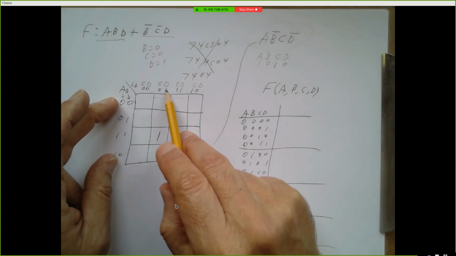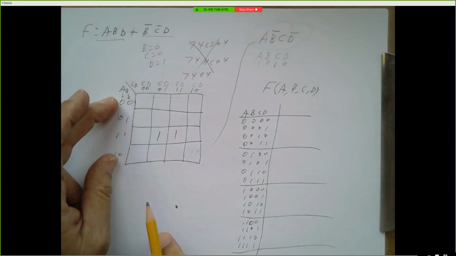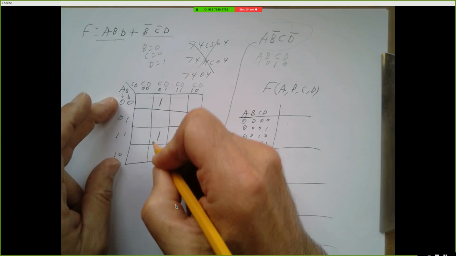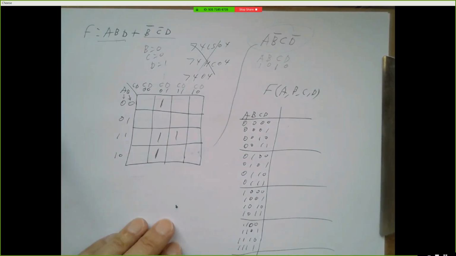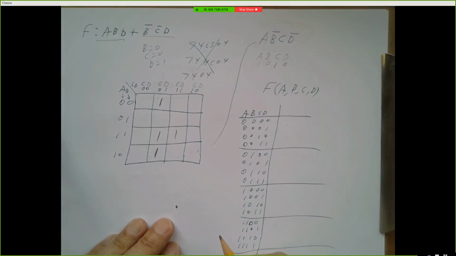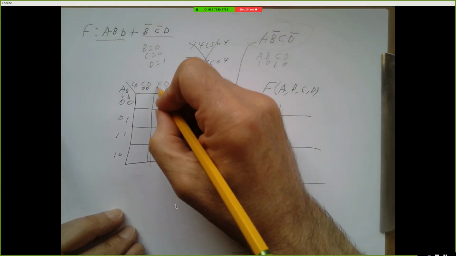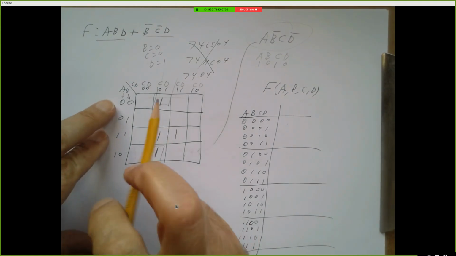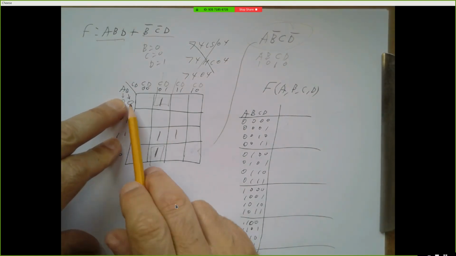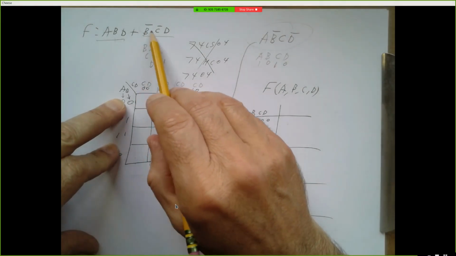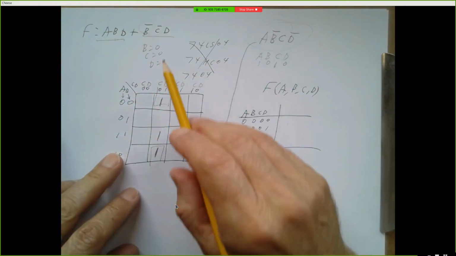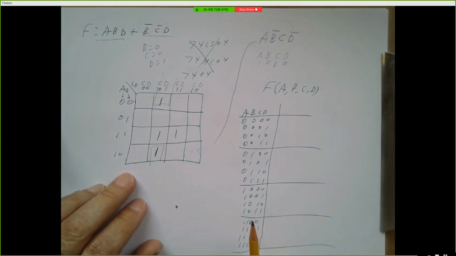So anything that's in either of these rows and also in this column, well, that's just this box and that box. And if we had a rectangle covering those two boxes and we try to write the product term corresponding to it, we would say, well, A can be 0 or 1, doesn't matter. B is 0, so we would write B bar. C is 0, so we'd write C bar. D is 1, so we'd write D.